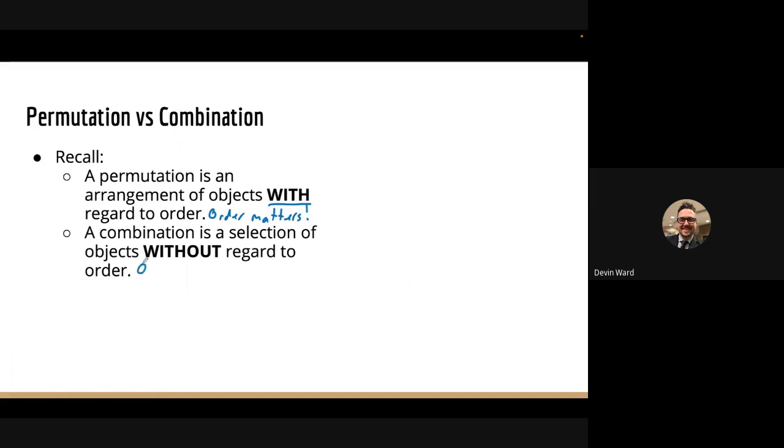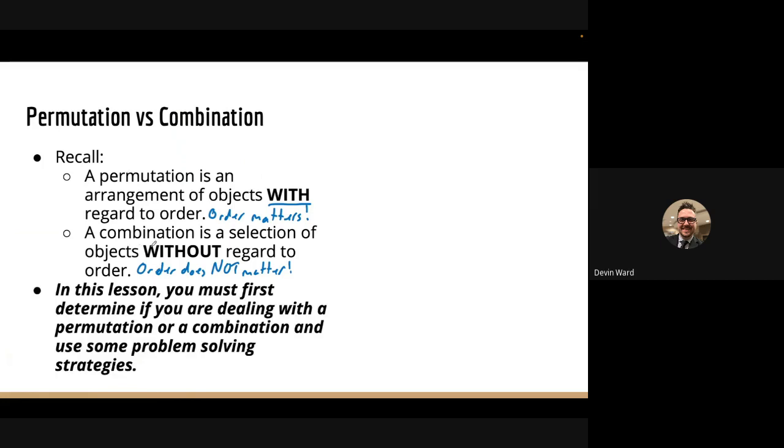So order does not matter. Okay, so if we have a specific order that we need everything in or specific roles, then we're going to be using a permutation and follow those rules. And if there's no order, it doesn't matter about our arrangement, then we use a combination.